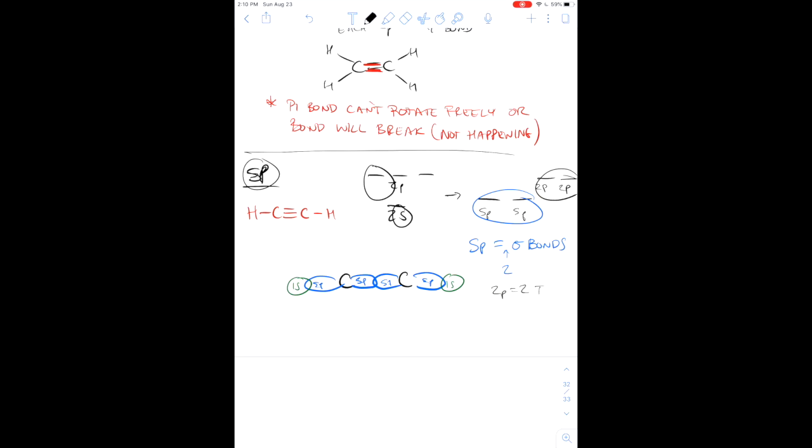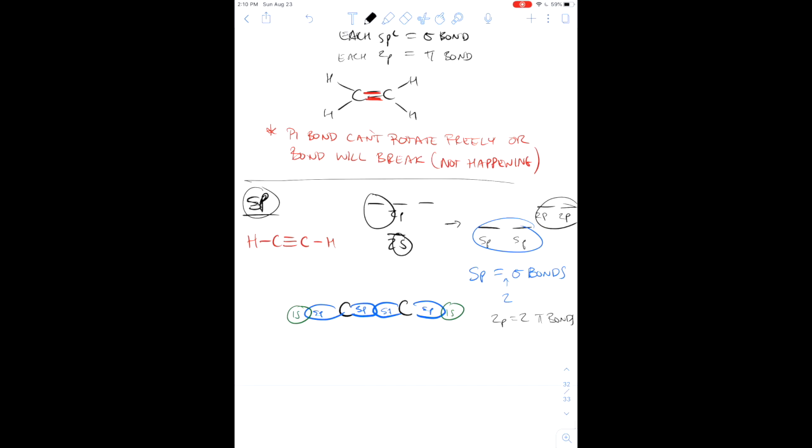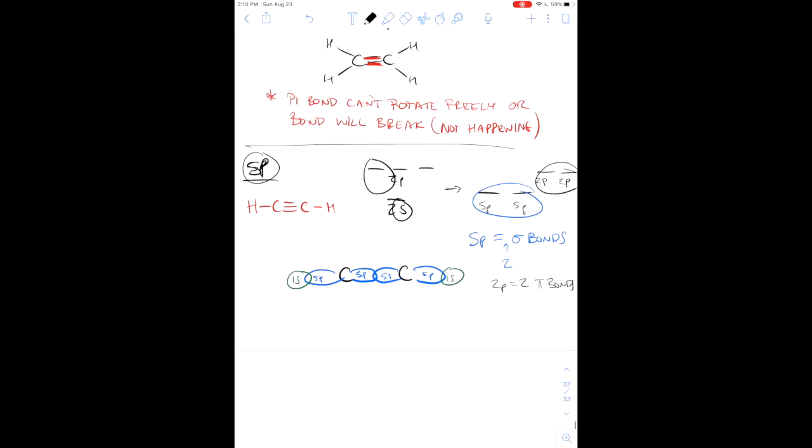All right, and so these 2 p orbitals over here, those are going to be equal to basically the 2 pi bonds that we see in acetylene. So again, 2 p orbitals being left over doesn't mean we have to form those pi bonds, but it does mean we can. And so we did already see the structure had 2 pi bonds, and so what does that look like in the structure that I've drawn?